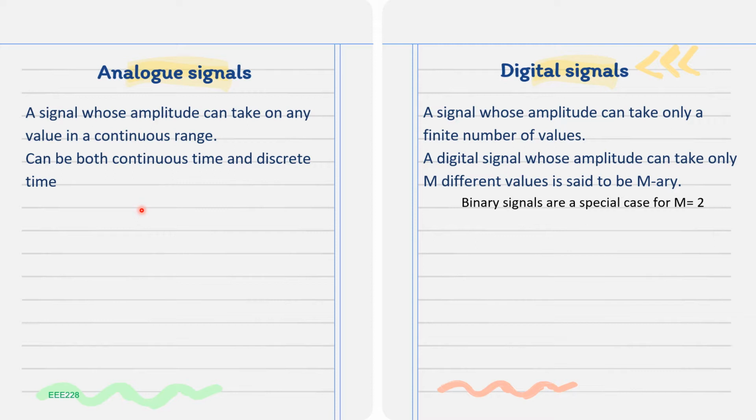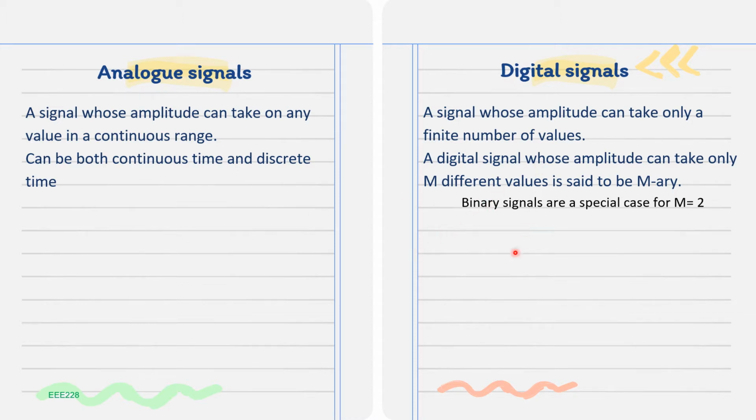So now it's the vertical axis: the amplitude exists over a continuous range. It can be continuous time or discrete time, meaning that the horizontal axis can be either continuous or discrete. So for analog signals, the amplitude is continuous, but the horizontal axis can be continuous or discrete.